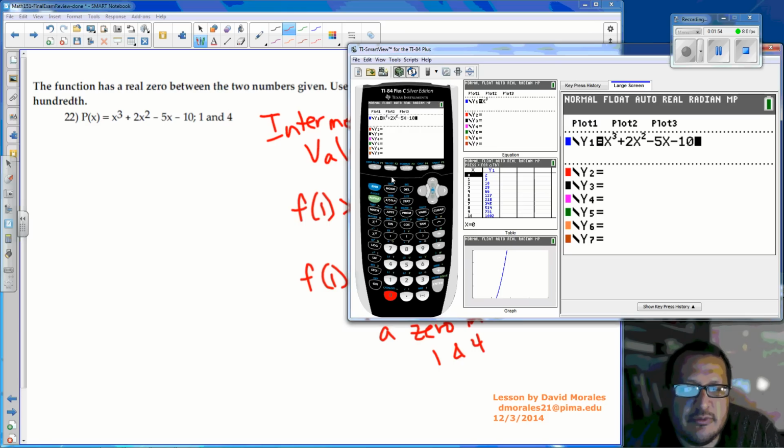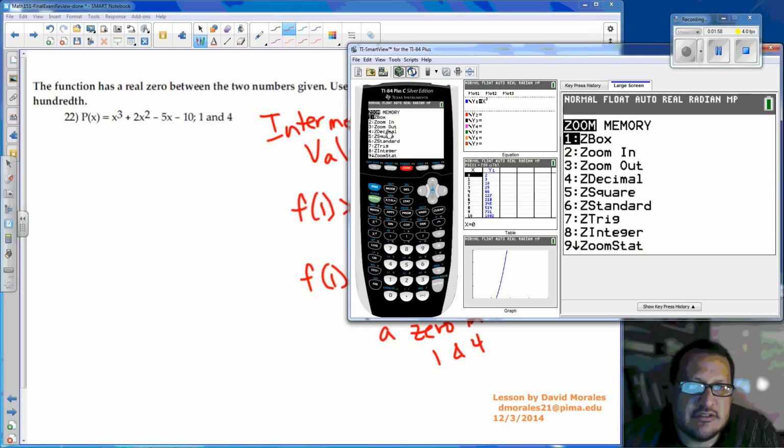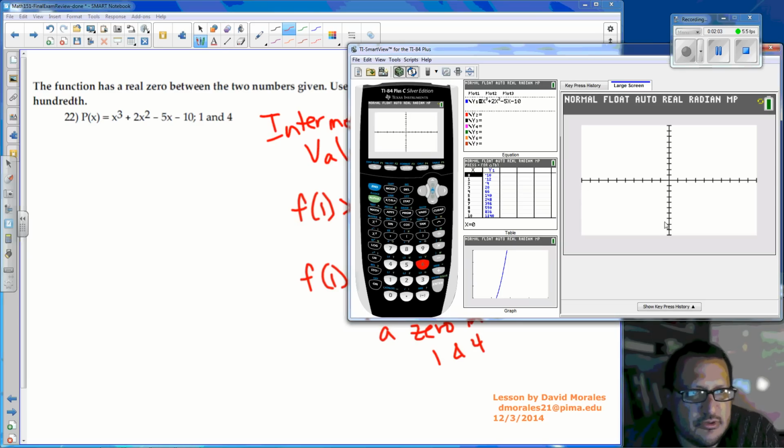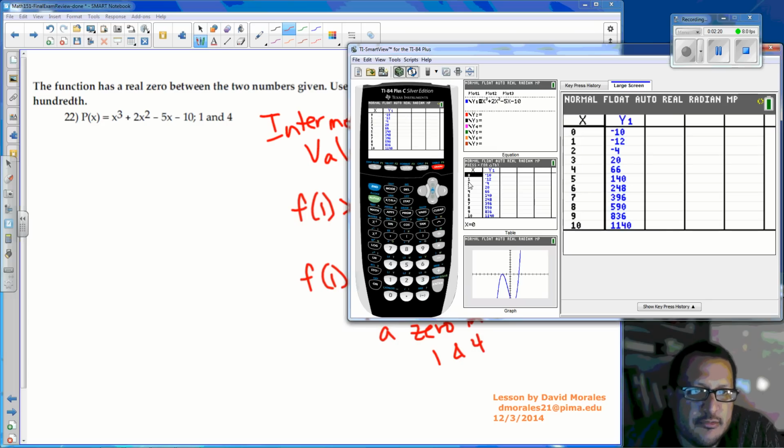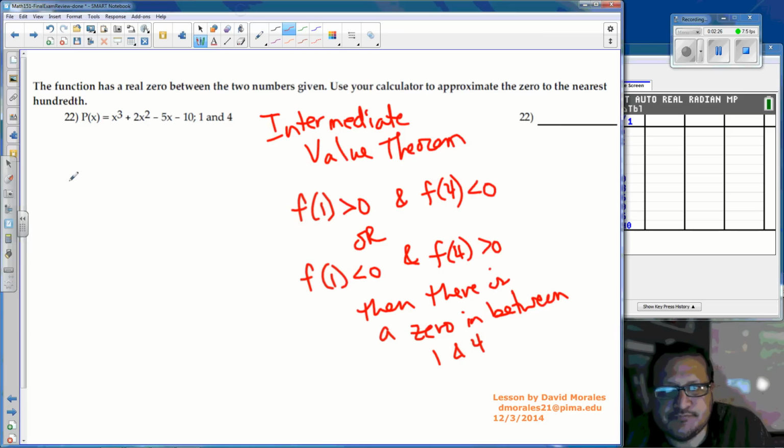Now remember we had a weird window before. So it's always sometimes a good idea just to zoom standard, zoom 6. And this will start graphing it for you automatically. So between 1 and 4, there is a 0. Now notice here, you can use the table on your calculator. f of 1 is negative 12.